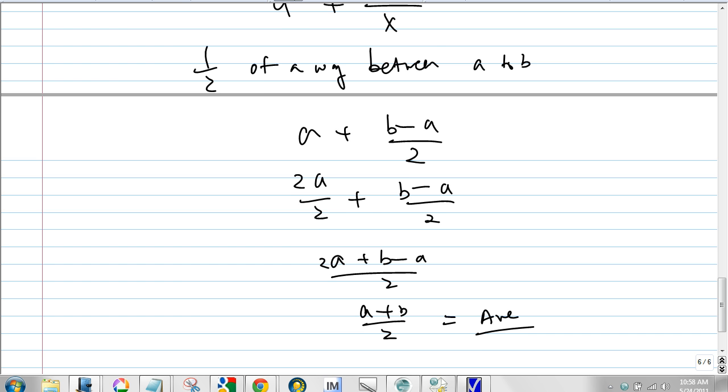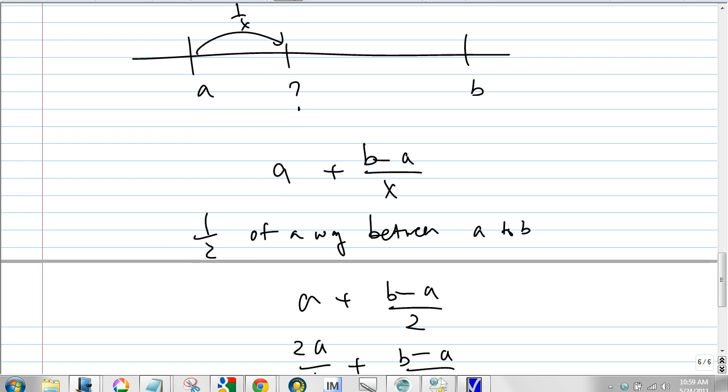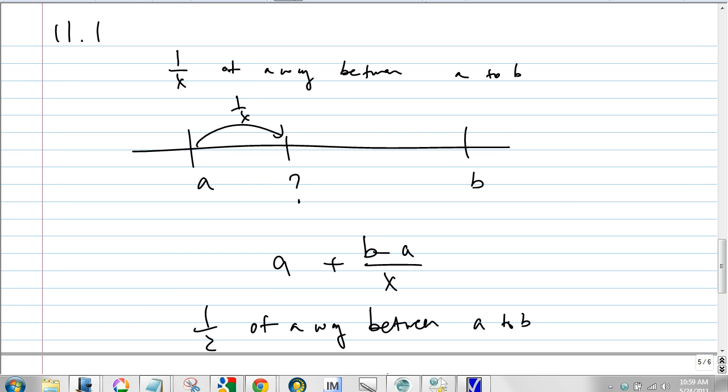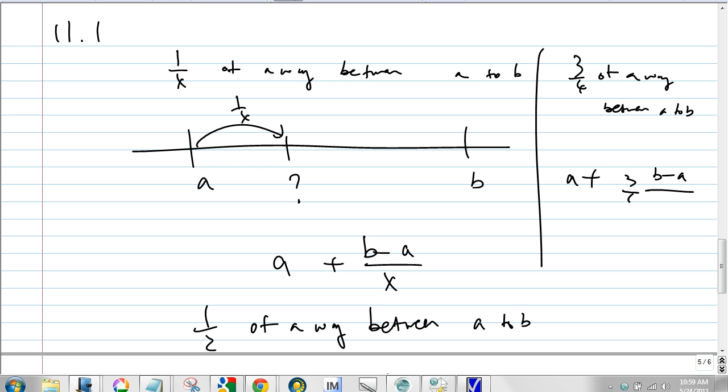Okay. So if they ask for like 3/4 of the way between A to B, instead of 1 over x, what would you do? It would be A plus, instead of (B minus A) over x, it's going to be 3/4 of this distance.